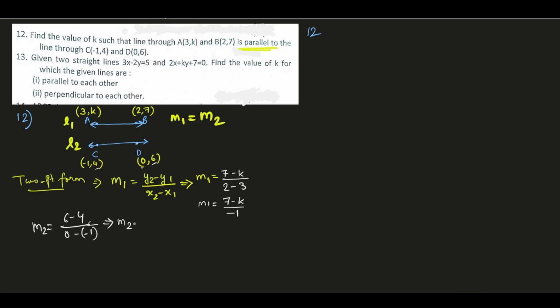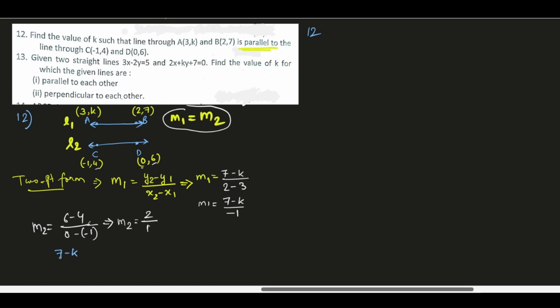So m2 will be 2 divided by 1, since minus and minus gets plus, that is 2. So by this relation, m1 is equal to m2, that is 7 minus k divided by -1 is equal to 2.